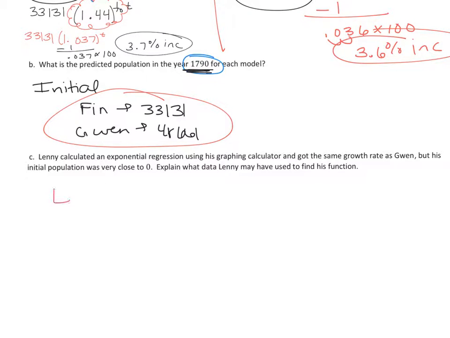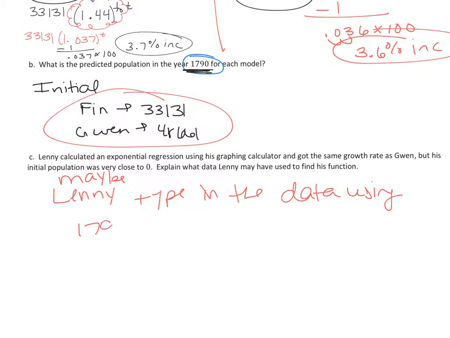Maybe Lenny typed in the data using 1790 as year 0 instead of changing all the values to 0, 10, 20, 30, and so on.